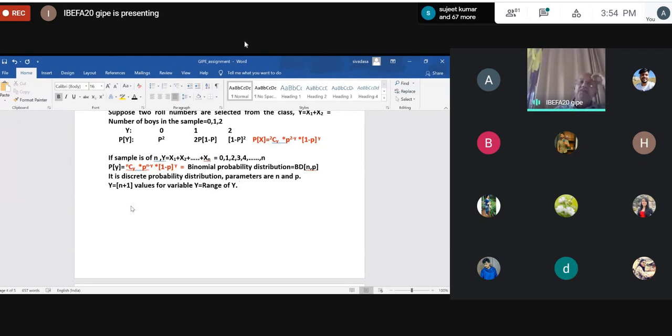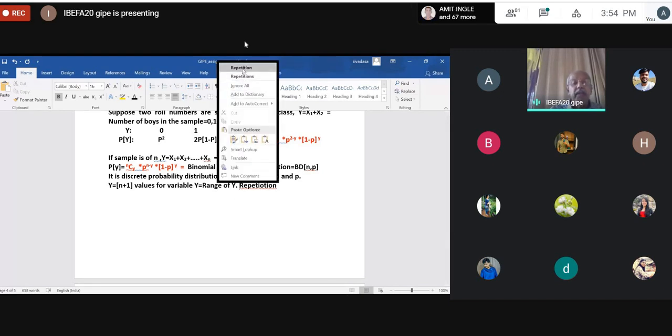Binomial experiment is also called repetition of Bernoulli experiment.